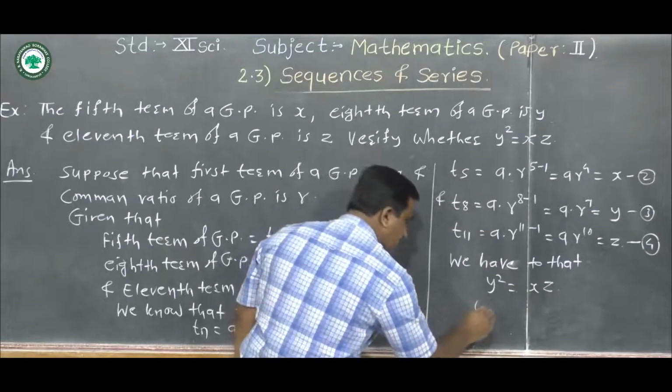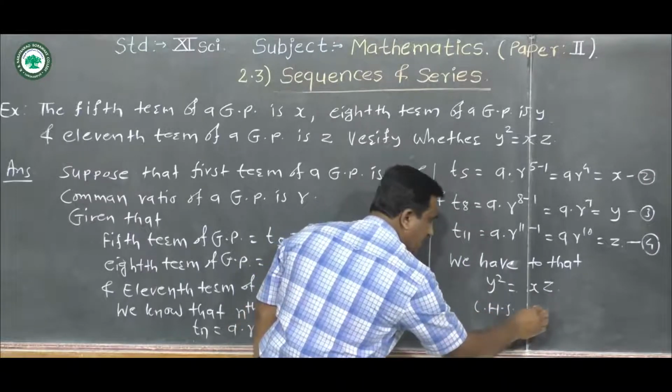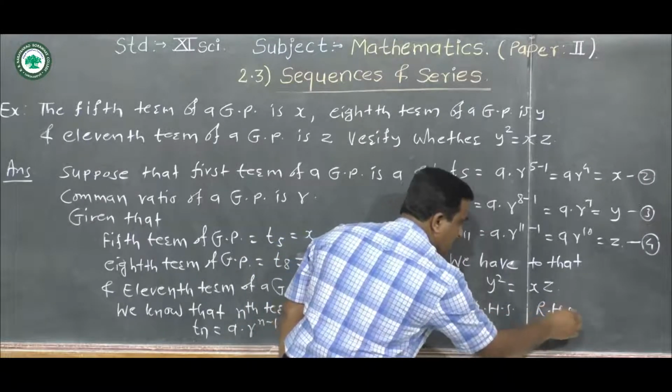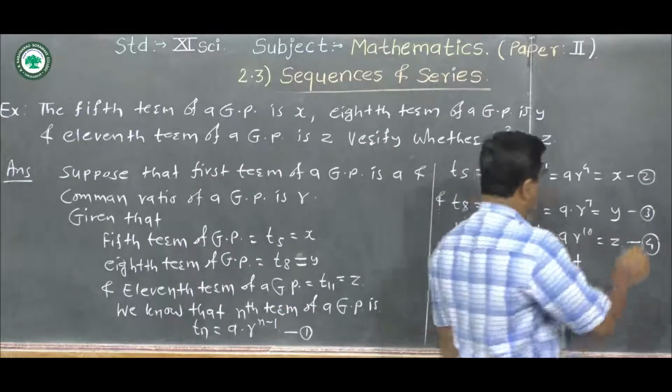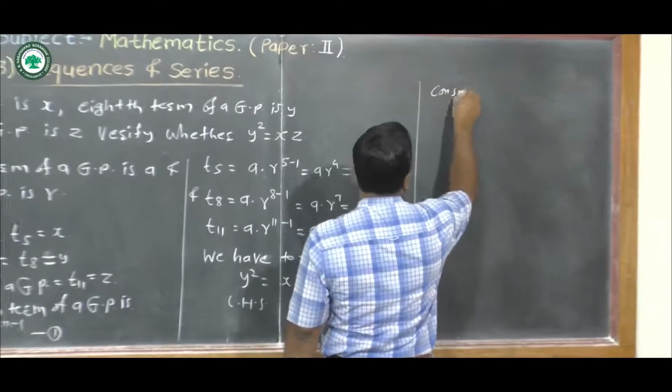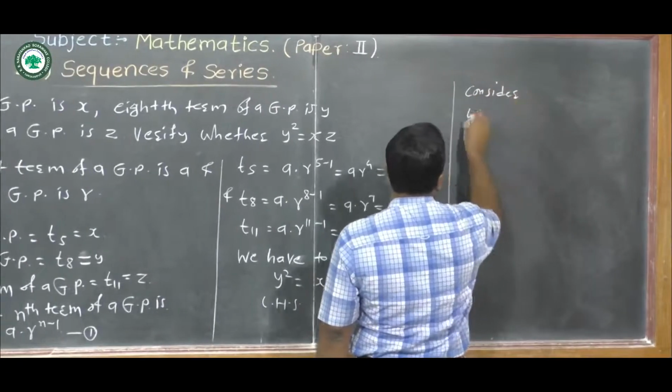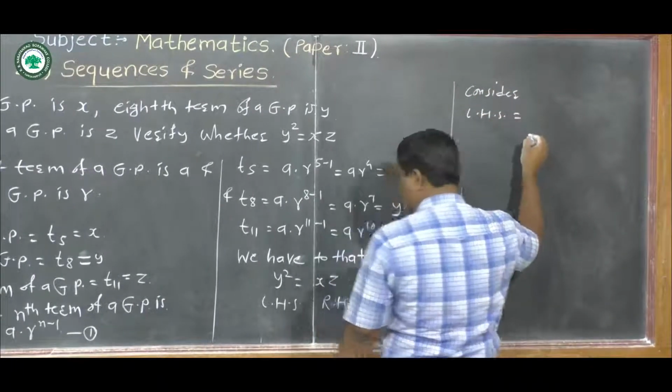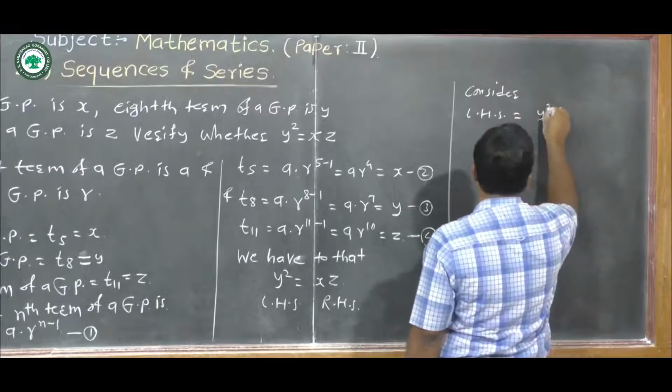Say this is LHS and this is RHS. First we consider LHS. Consider LHS equal to y square.